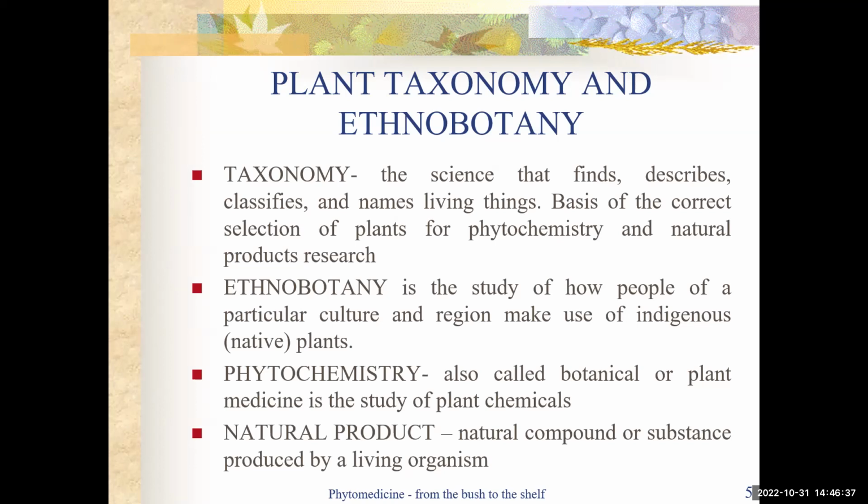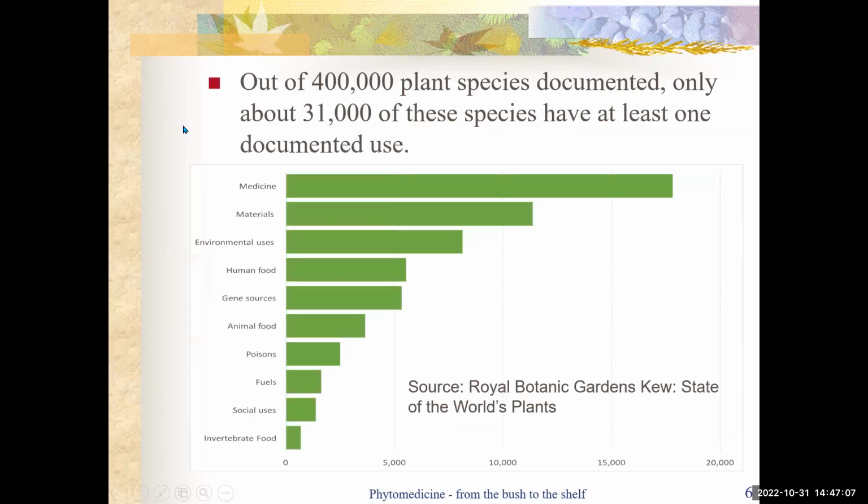Now we come to phytochemistry, which is what is in our theme today. We have the phytochemistry or phytomedicine, and basically it's looking at the medicine coming from plants. And then natural products, which is a bit more broad, we are looking at natural compounds that arise from living organisms. So that is where we need to see how we can utilize our skills.